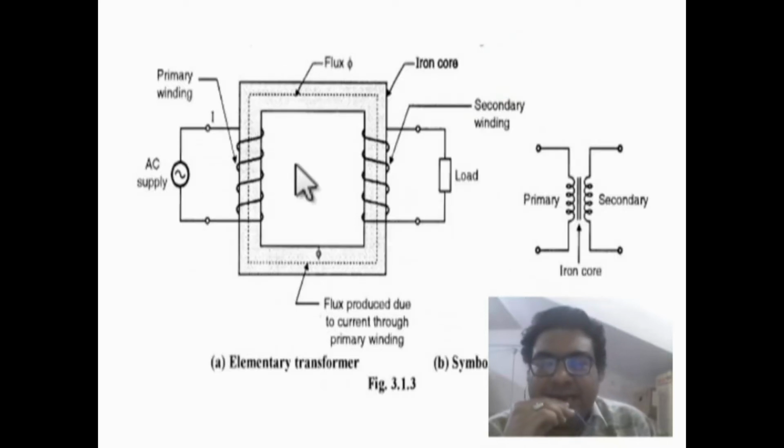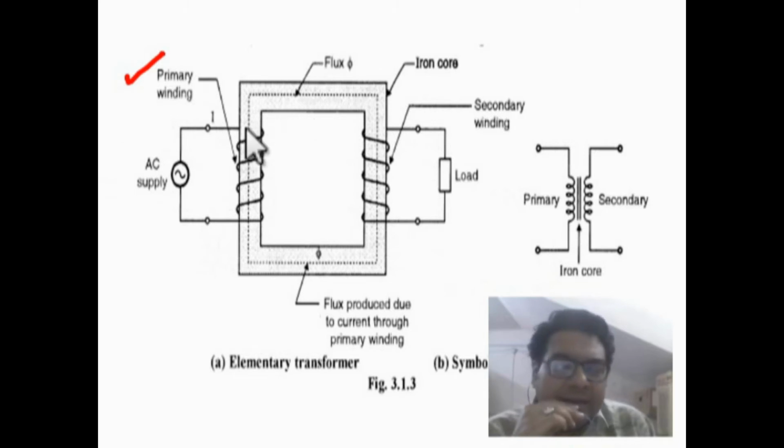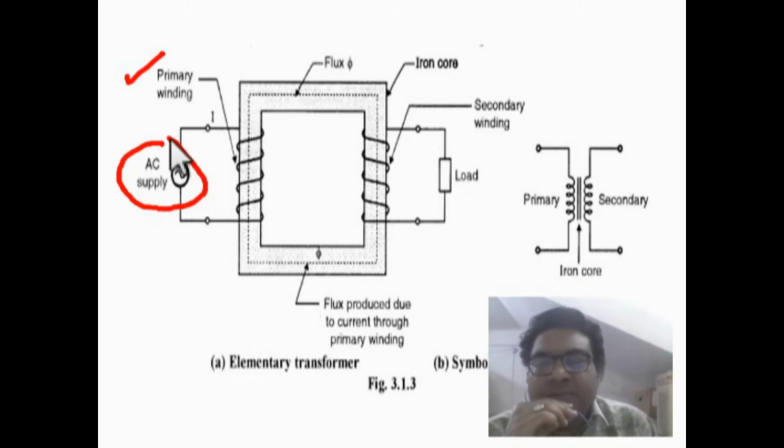So here you can see, guys, this is the primary winding and this is the secondary winding. To the primary winding supply terminal, the supply is connected. See here, this is single phase AC supply. This is the input section. And this belongs to the secondary side.